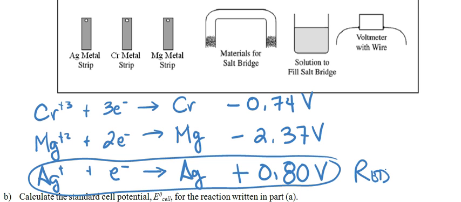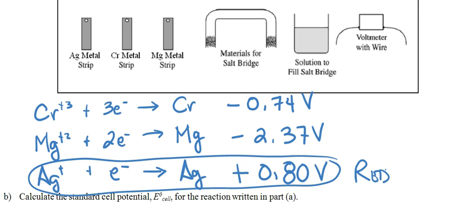Now it's between the chromium plus 3 and the magnesium plus 2. In order to determine which of these two we're going to keep, we're going to look and find the most negative of the two. Since we've already established the thing that's going to be reduced, now we have to find out what metal will be oxidized.